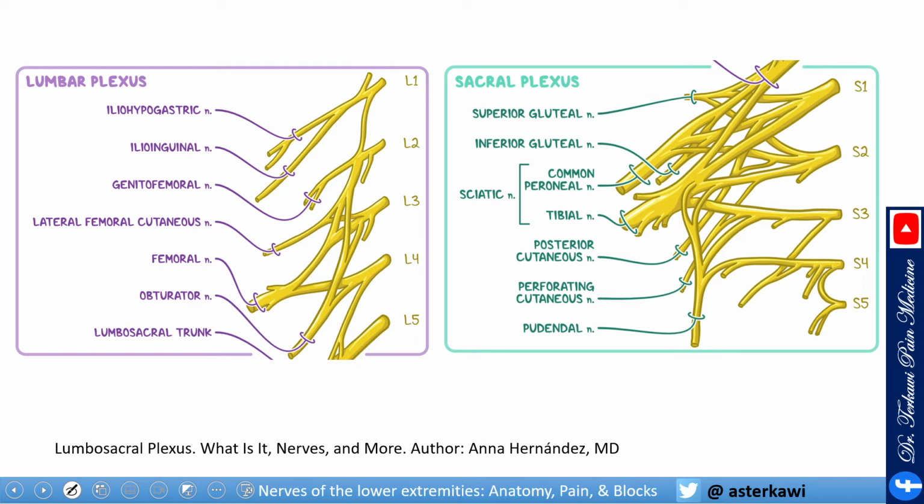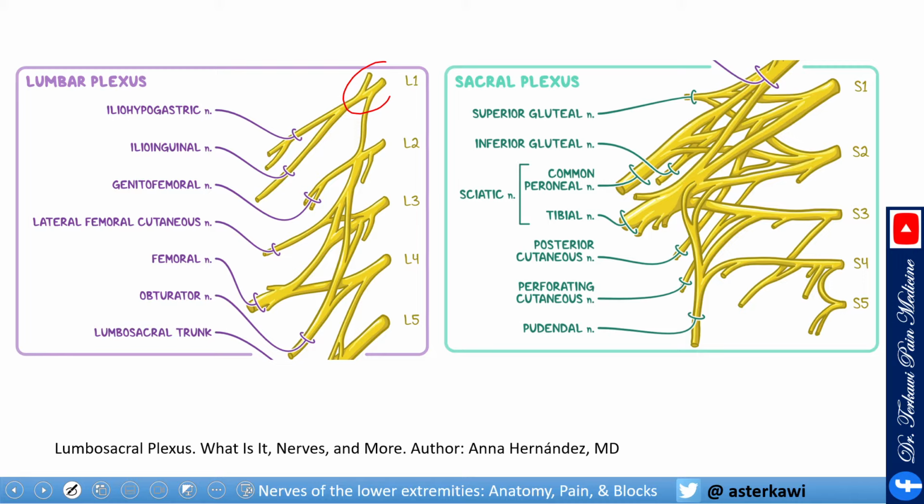So if we look at the lumbar plexus, it gives you the iliohypogastric, ilioinguinal, genitofemoral, lateral femoral cutaneous, femoral nerve, and obturator. It is very important to know the root, especially when you are considering a more truncal block or when you're considering a DRG stimulator or spinal cord stimulator.